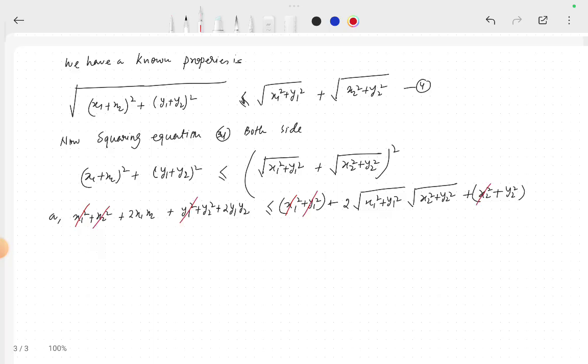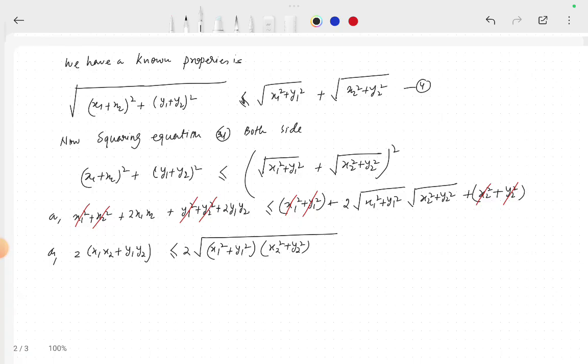So now what we get is 2(x1x2 plus y1y2) less than or equal to 2 root under (x1 square plus y1 square) times (x2 square plus y2 square).